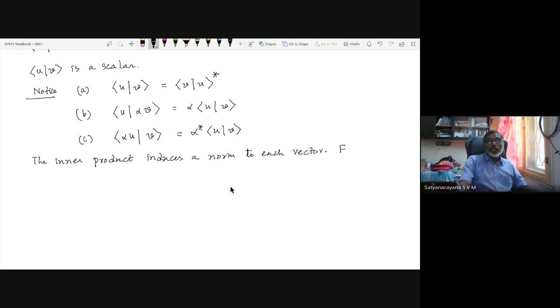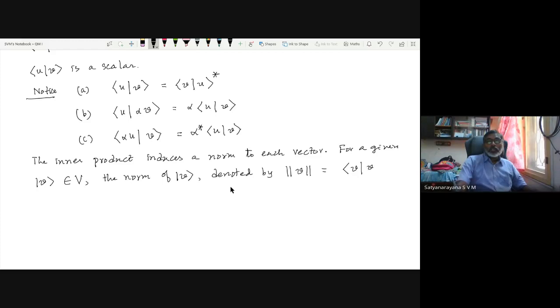That is, for a given vector v in V, the norm of vector V, we will denote it by this symbol, is equal to the inner product of the vector with itself, and then take the square root of that.